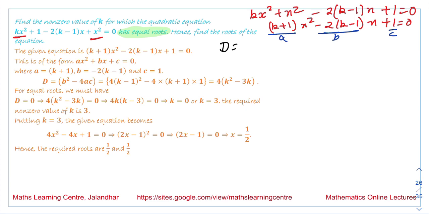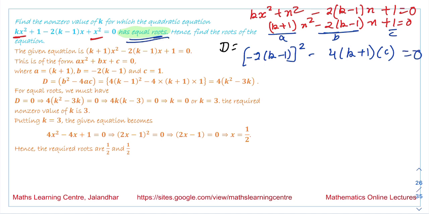So the discriminant we have is b square minus 4ac, and the value of discriminant should be equal to 0 for the equation to have equal roots. So we get 4 into k minus 1 square minus 4 into k plus 1 equal to 0.